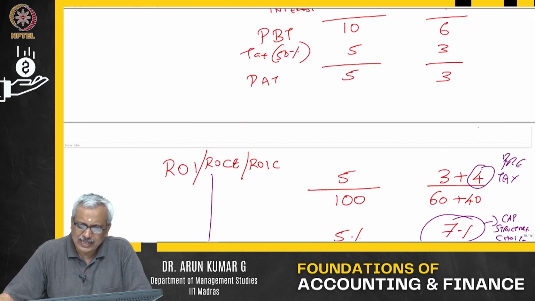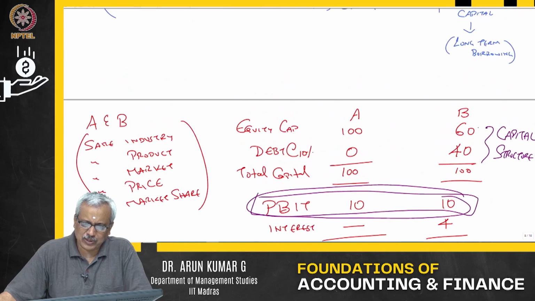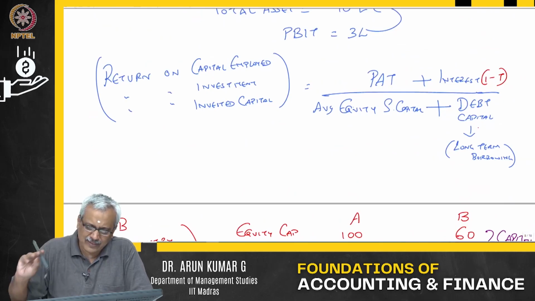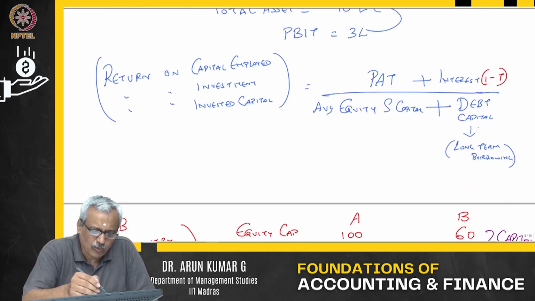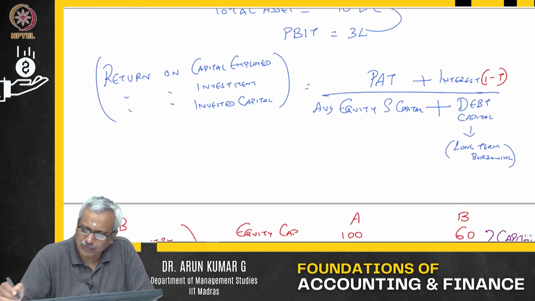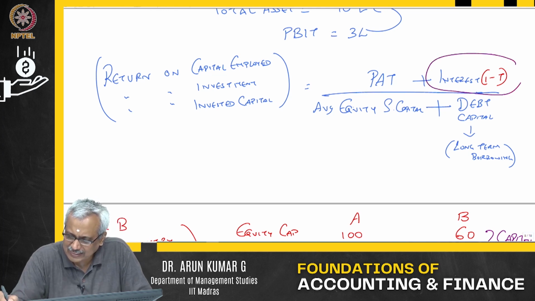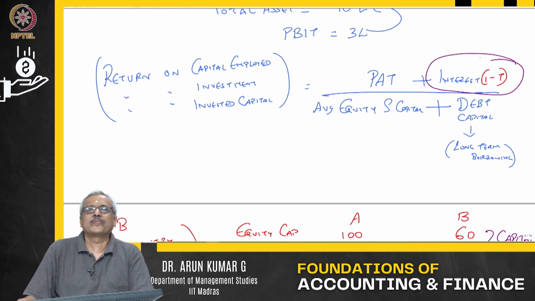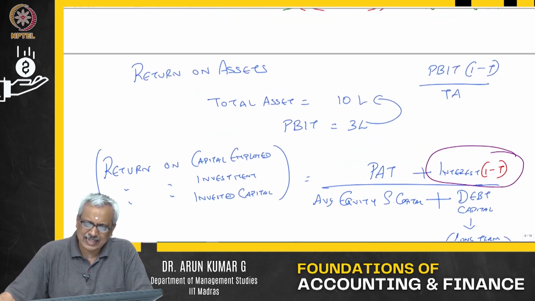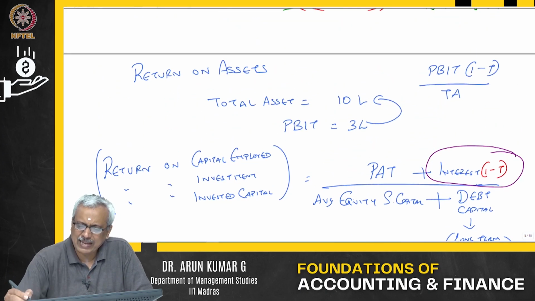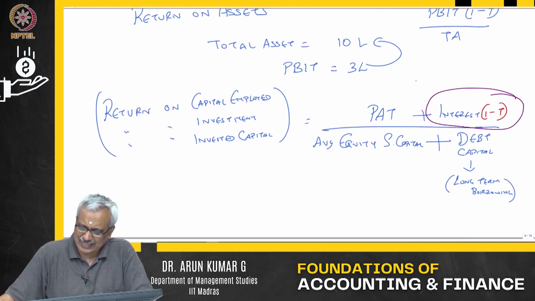So what do I do? In this particular case also, if I have to calculate this, I will use 1 minus tax rate on the interest, because interest is pre-tax. The same is the case when I did the asset. The PBIT, the profit before interest and tax itself I took.